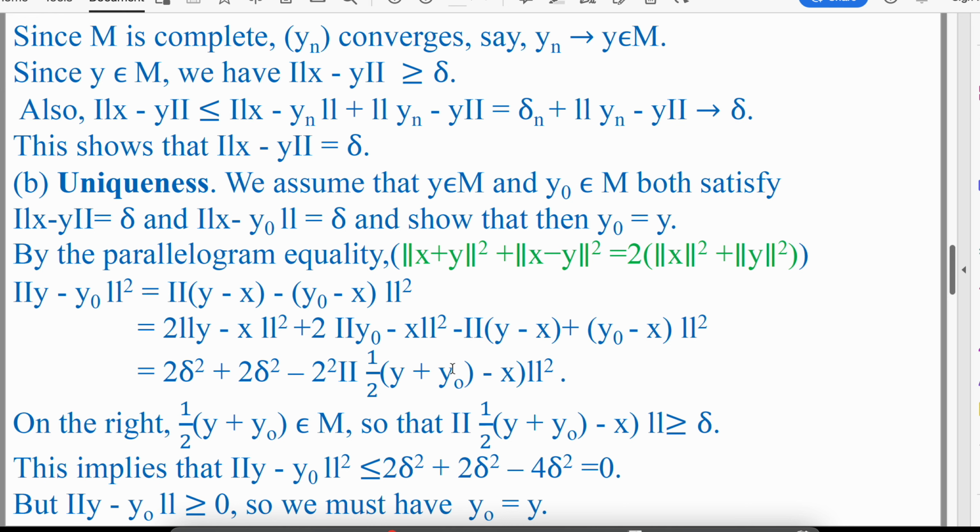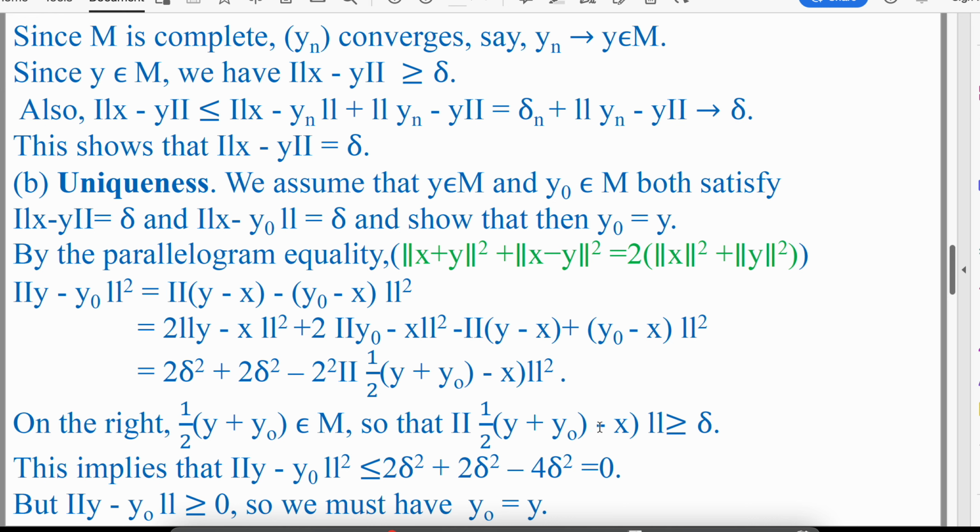But this belongs to M. Half of y plus y naught belongs to M, and M is given to be convex. It means this distance is greater than or equal to delta by definition. So it implies that norm y minus y naught whole square is less than or equal to 2 delta square, 2 delta square, and this 2 square means 4.